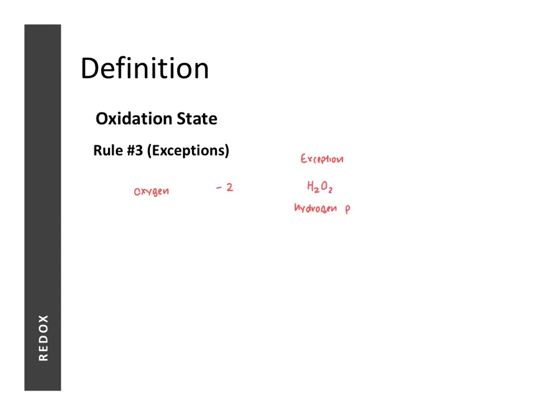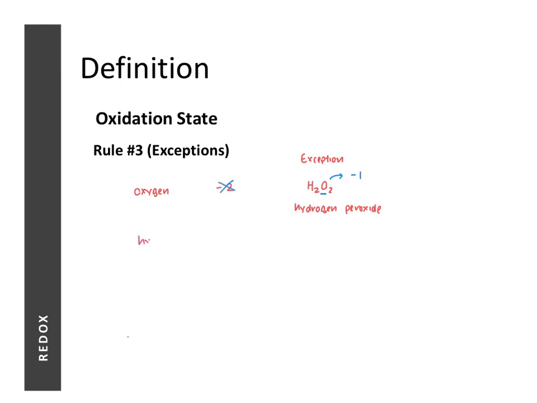In hydrogen peroxide, the oxidation state of oxygen is not -2, but -1. So we need to memorize this exception. Whenever you see hydrogen peroxide, the rule that we have just learned doesn't apply, but we have to remember that oxygen in hydrogen peroxide has an oxidation state of -1 and not -2.